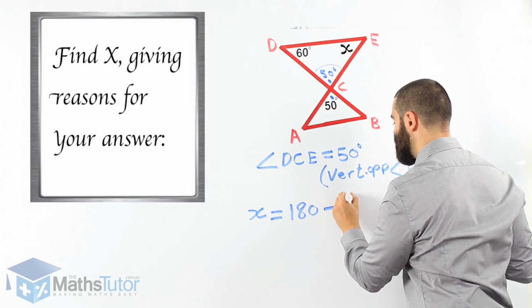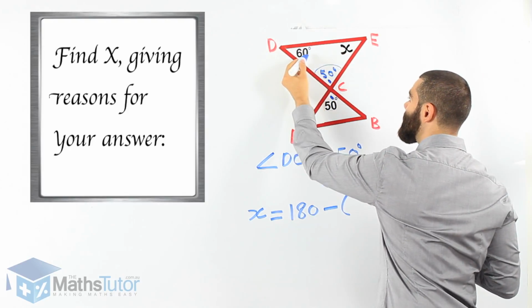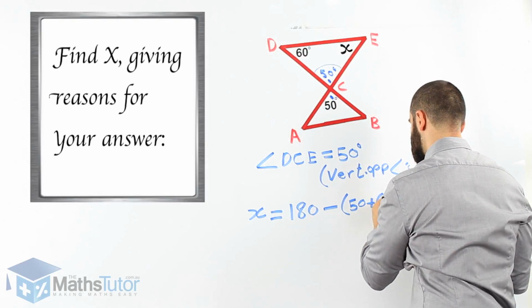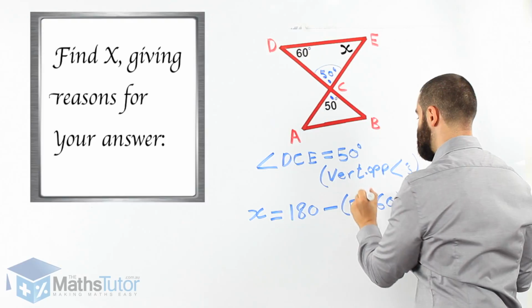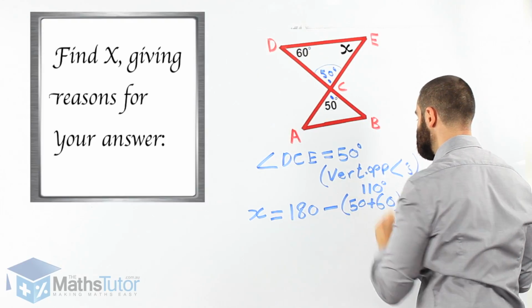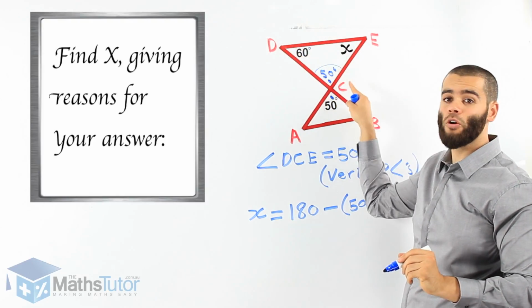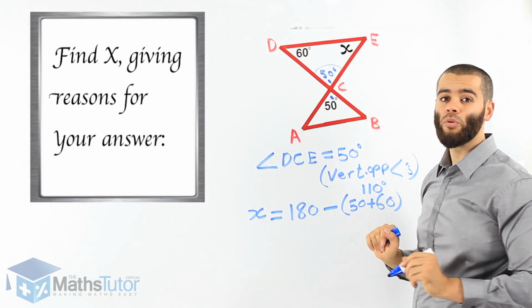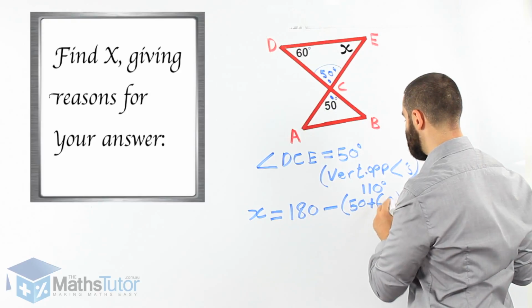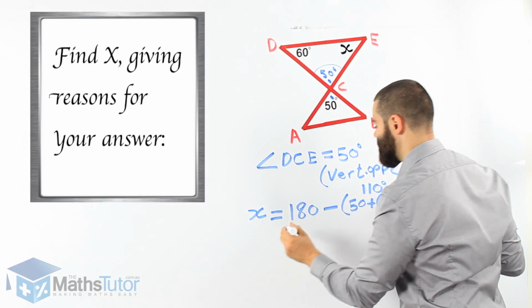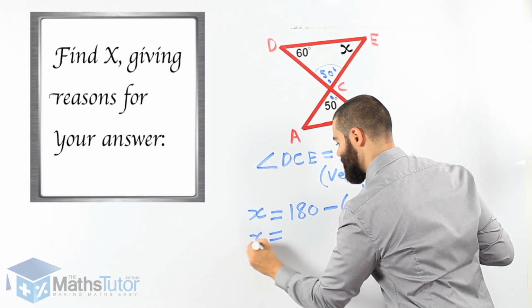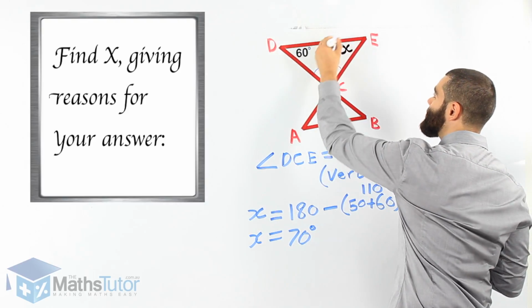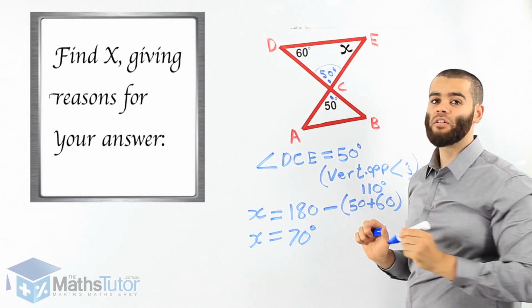Take away the other two angles, 50 and 60, which is 110. So 180 take away 110. X is going to be 70 degrees.